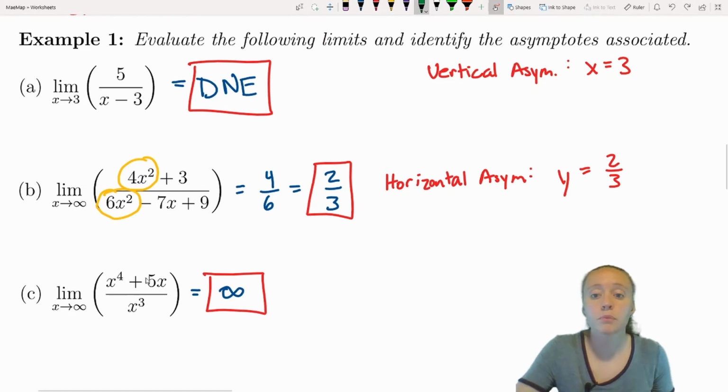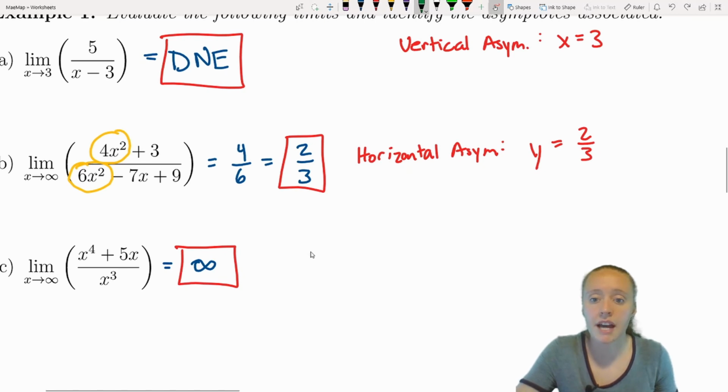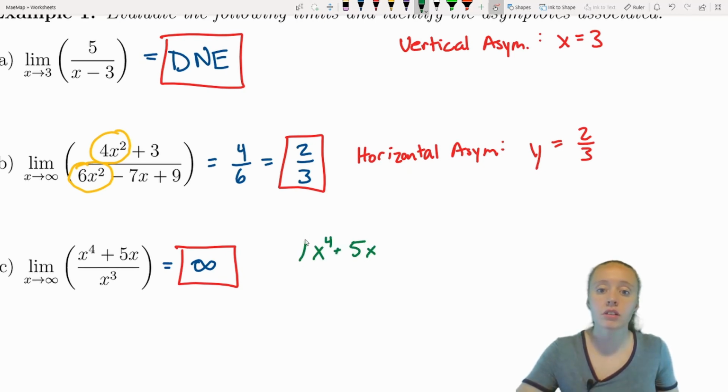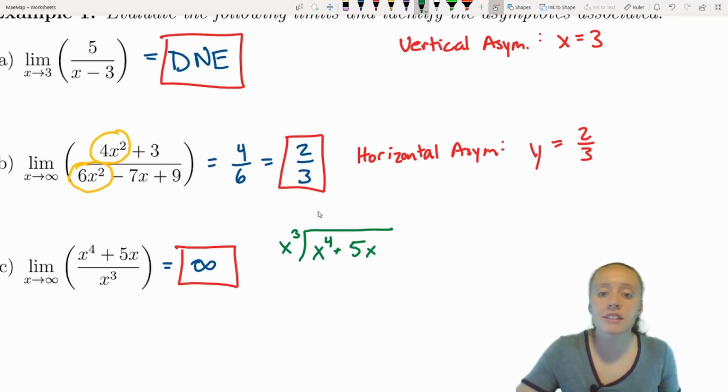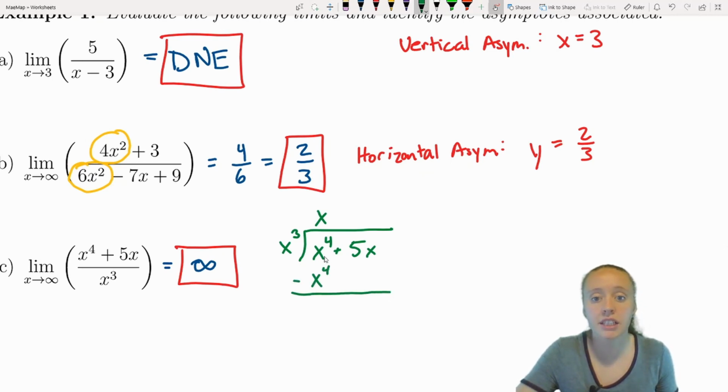That equation we're going to find by polynomial long division. So I'm going to have x to the 4th plus 5x all divided by my denominator of x cubed. x cubed goes into x to the 4th how many times? Well, that's x times. So x times x cubed is indeed x to the 4th, and that's what I'm subtracting. x to the 4th minus x to the 4th goes to 0, and I'll be left with 5x when I bring that down.